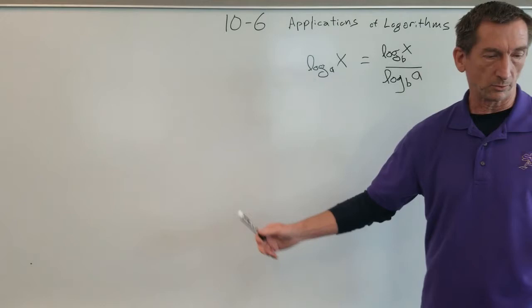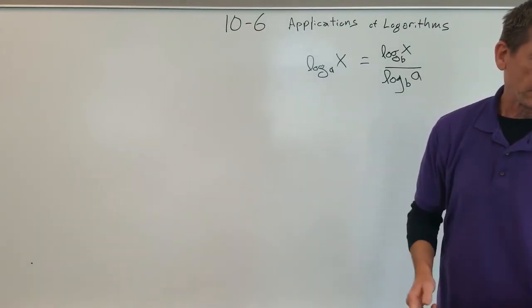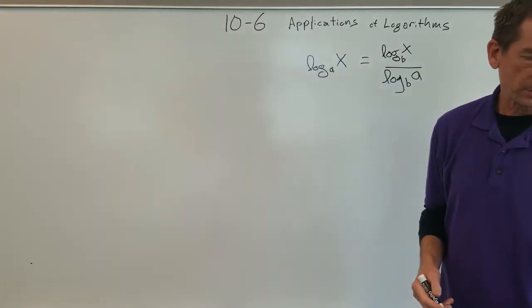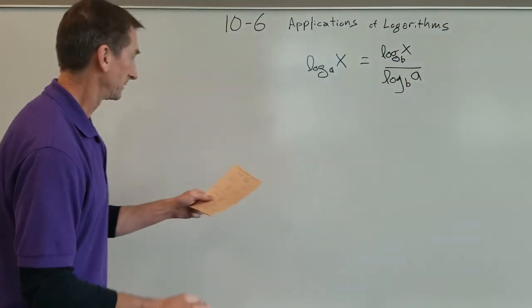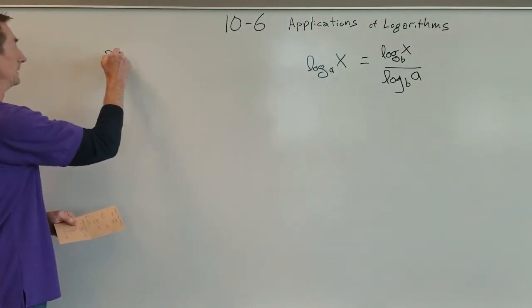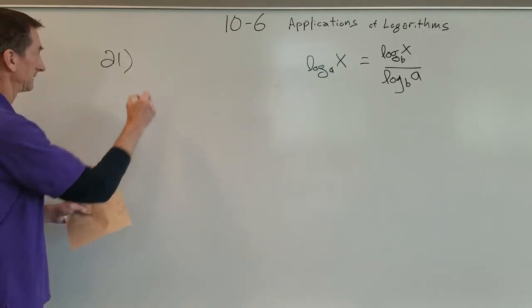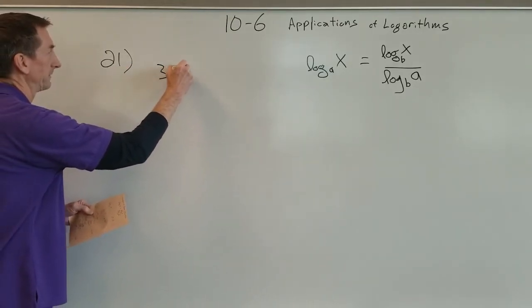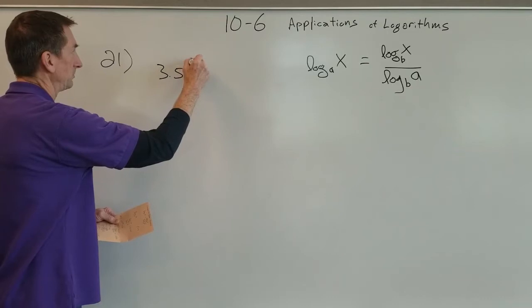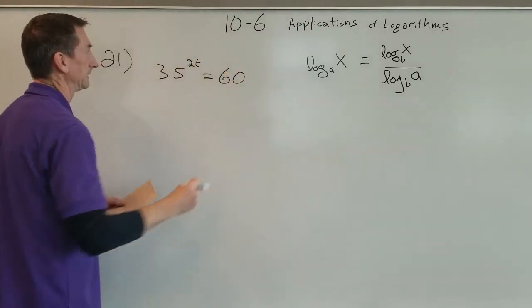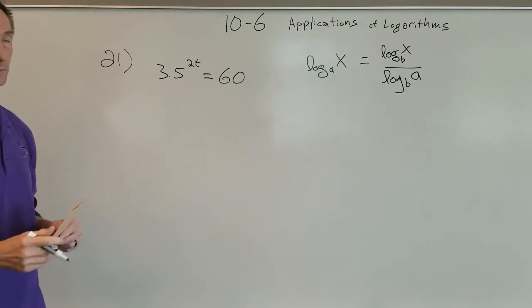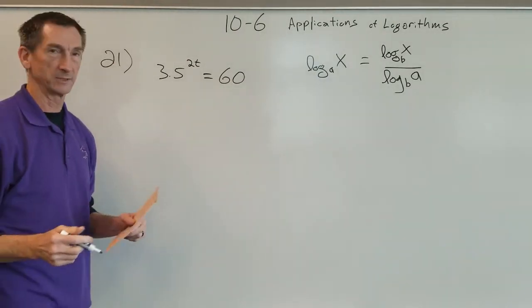Okay, got a clean board here. Let's look at a problem. This is problem number 21 from section 10.6. It gives me 3.5 to the 2t is equal to 60. Okay, so we're going to solve this one much like we've been solving problems in this section.